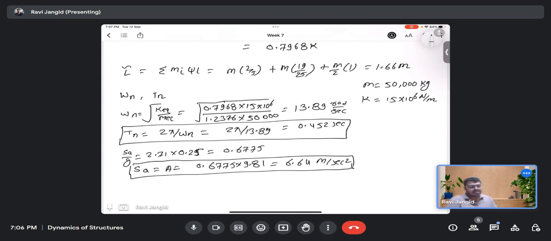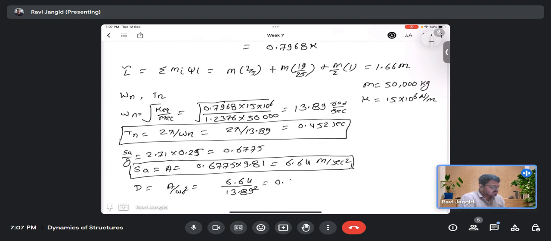So now using this Sa, we can calculate the spectral displacement d, which is a by omega n square. So can you give me that? 6.64 divided by 13.89 squared.